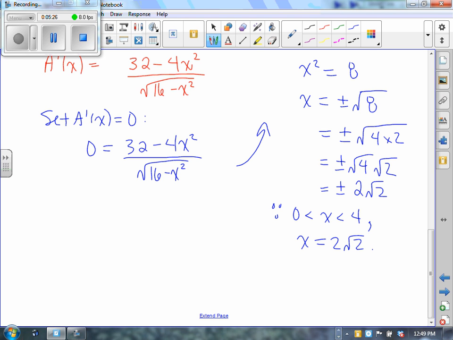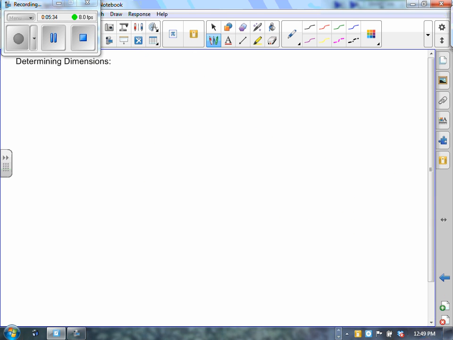So now we're at the point in our checklist where the last thing we needed to do was to finally determine the dimensions. So recall that x is not the dimension, but rather x is simply half of that story. So let's go ahead and find out the length, which we had denoted as 2x.